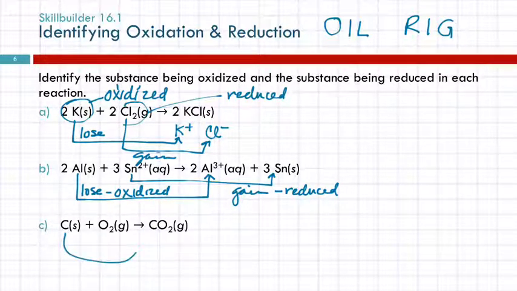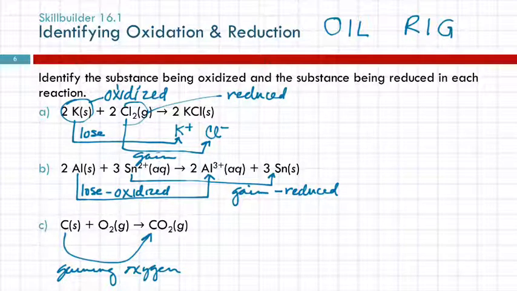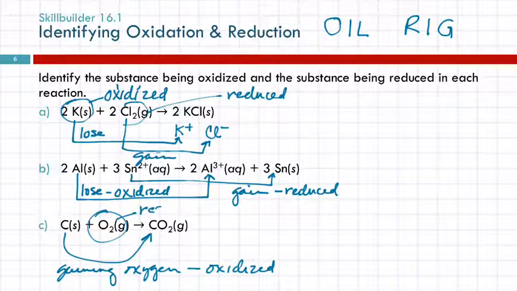It's gaining. So this is gaining oxygen. That means it's being oxidized. Well, if the carbon is being oxidized, something has to be reduced. It's just the other thing. So this is being reduced.